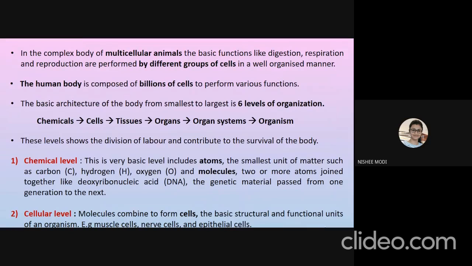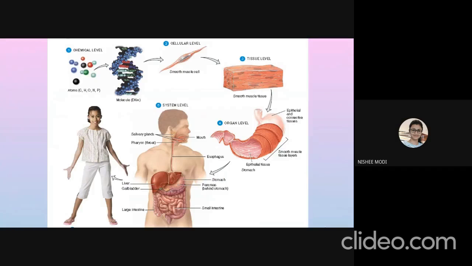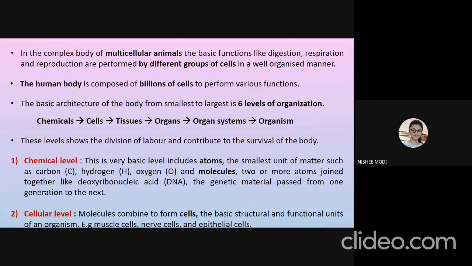As we all know, a unicellular organism like Hydra has only a single cell to perform all the basic functions like digestion, respiration, and reproduction. But in the complex body of multicellular animals, the basic functions like digestion, respiration, reproduction, etc. are performed by different groups of cells in a well-organized manner.